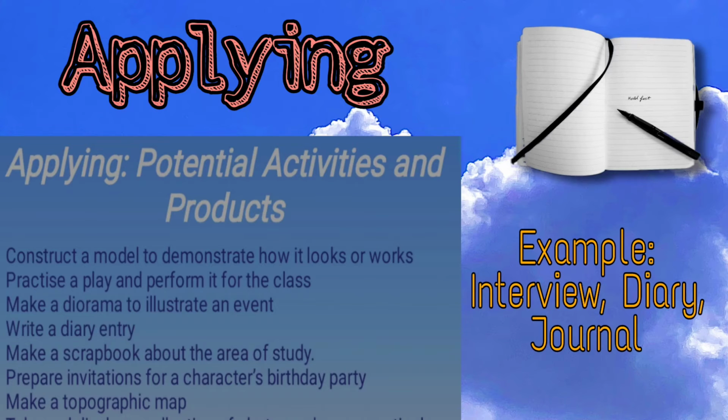So the potential activities a teacher can give to her students are construct a model to demonstrate how it looks or works, practice a play and perform before the class, make a diorama to illustrate an event. Thus, by conducting some interviews or making the students write diaries or journals or presentations, the students can apply their knowledge.